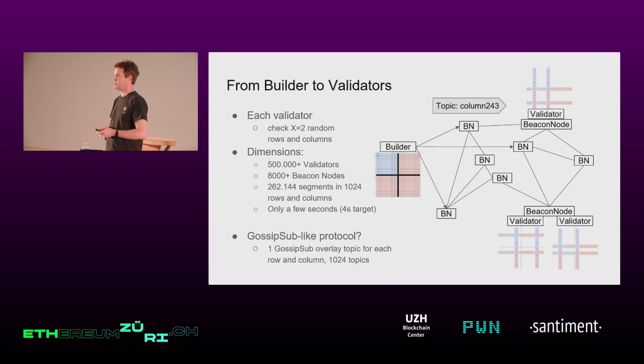Those are beacon nodes behind which you have validators which are interested in the 243rd column, and they form a small mesh network with a given degree in which they are sending the column so that everyone has it. And you have 1,024 of these networks built.